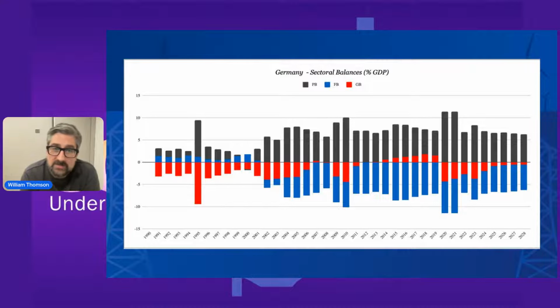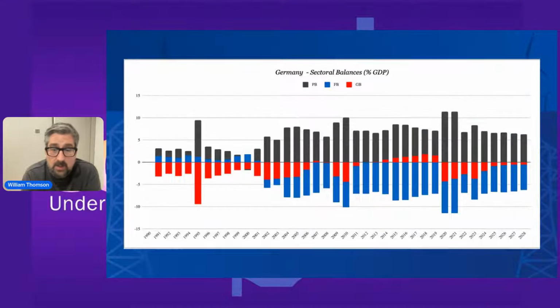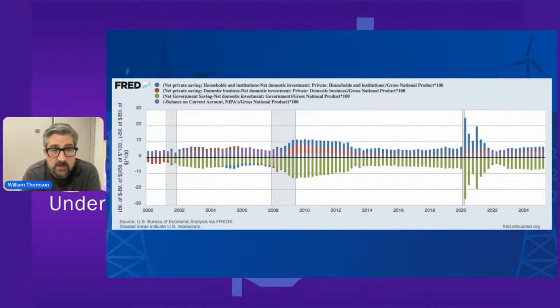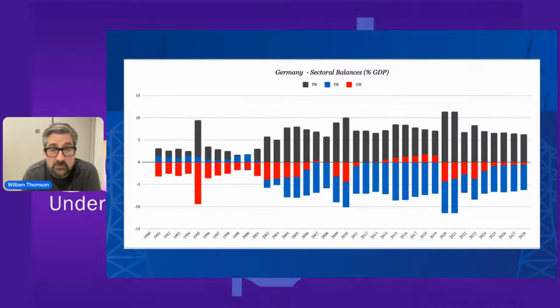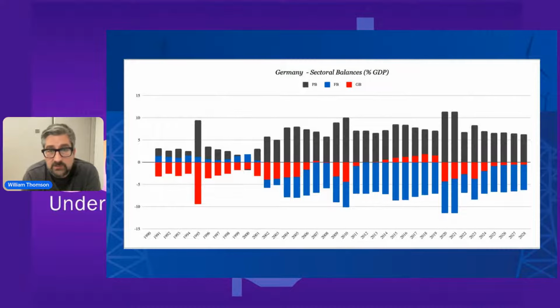So I hope you can already start to see how useful this is, even if you're just comparing countries from one period to another, or one country compared to another country. So there's Germany. I'll flick back to America. Okay, you can see a country that runs big deficits. Big foreign sector deficits. A country that has big foreign sector deficits here, foreign sector surpluses here. You can see there's that direct relationship.